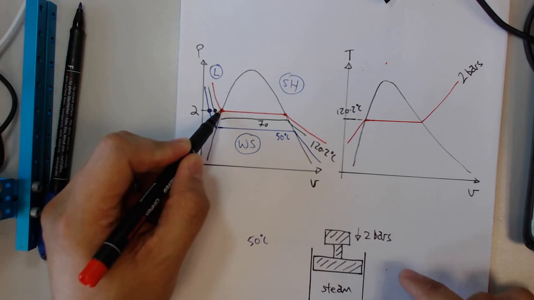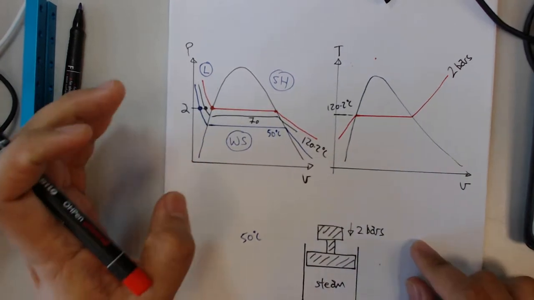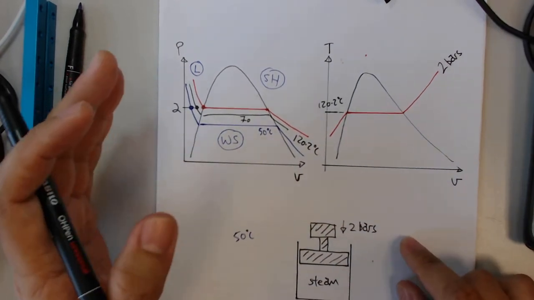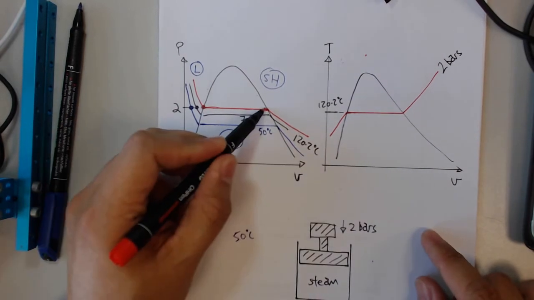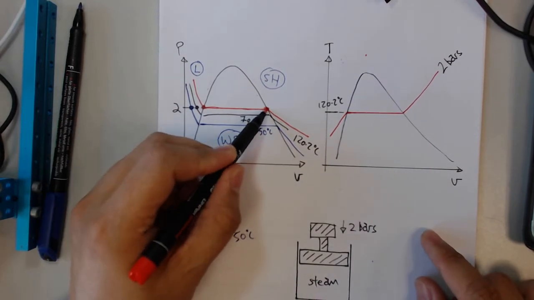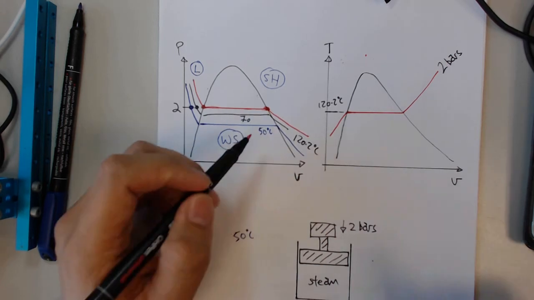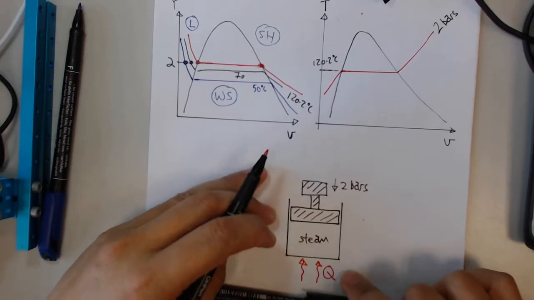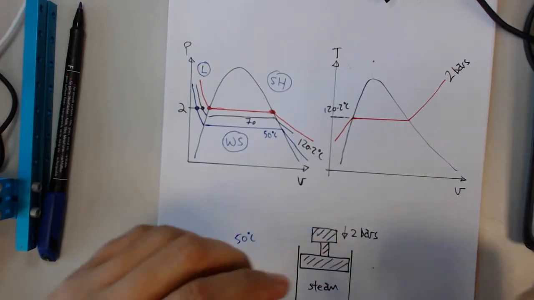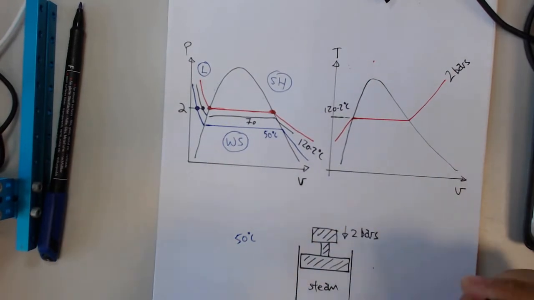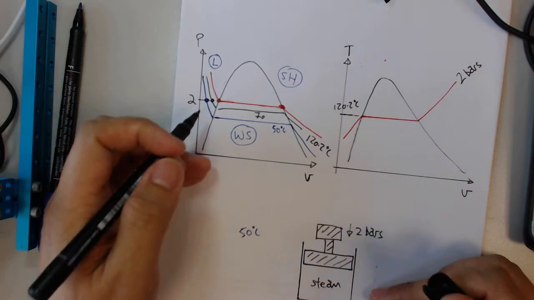It will boil, and all the liquid will slowly convert into gas until everything has converted to gas. It will be here, and it will remain at 2 bars. With more heat, after it reaches here, what's going to happen? The temperature is going to keep on increasing.